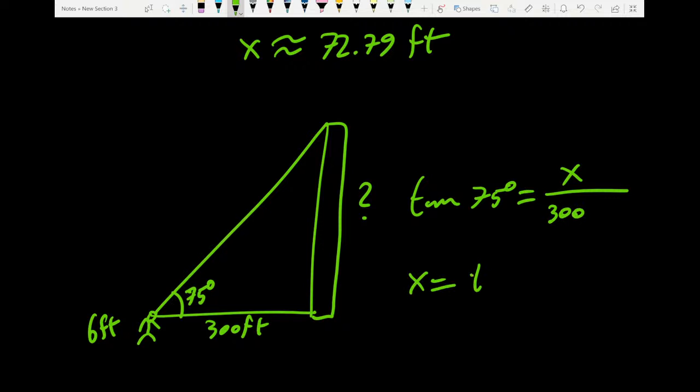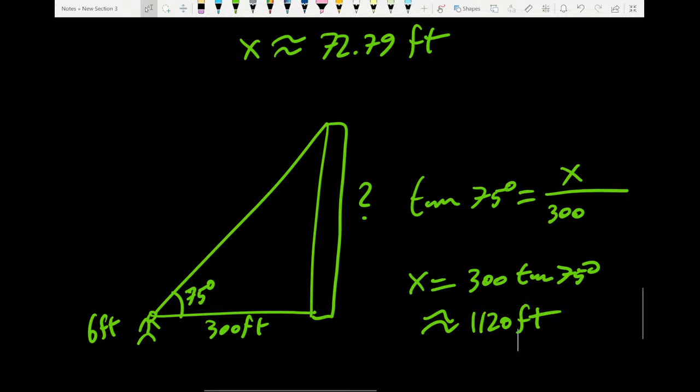So x equals 300 times tangent of 75 degrees, and roughly you'll get 20 feet. That's all. All right, so let me look at your homework and see what's going on.